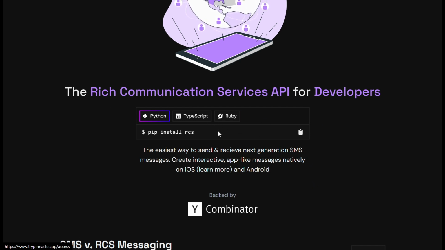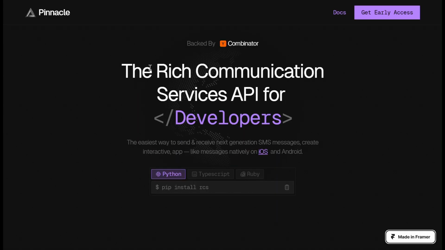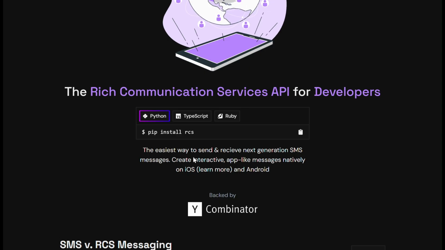I read this, then I just see this, then I need to understand what this is, then I have to come back and read this. So instead of that, I put the Rich Communication Services API for developers, the easiest way to do so and so. Then this comes, and this is obviously a better design and clearer than this.